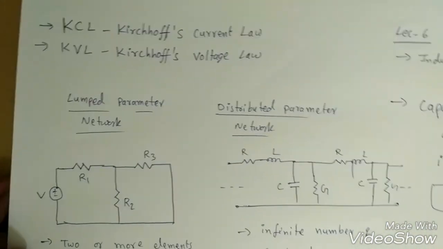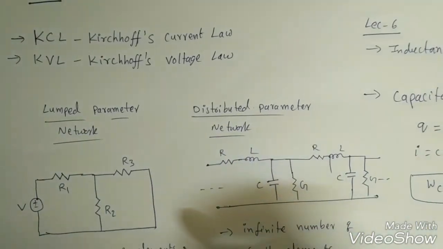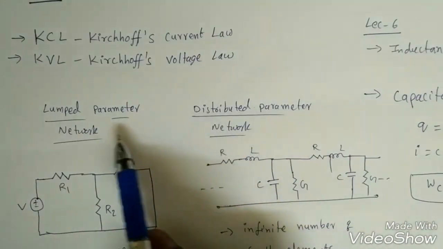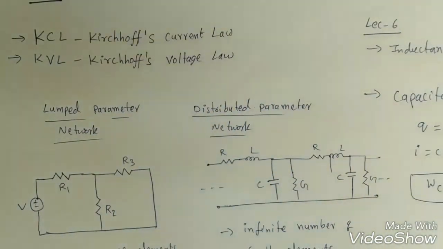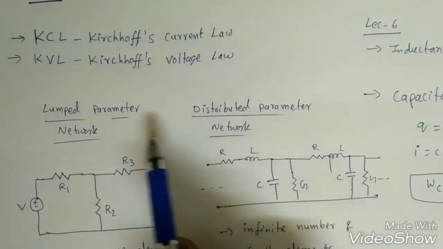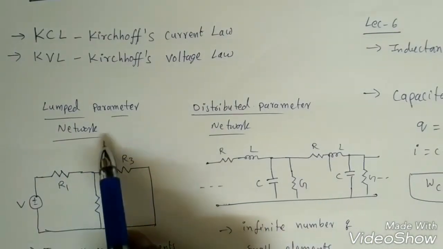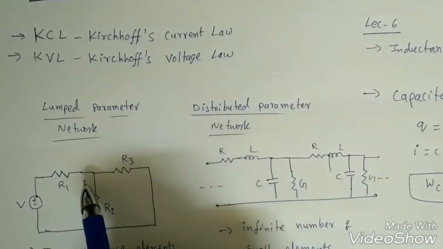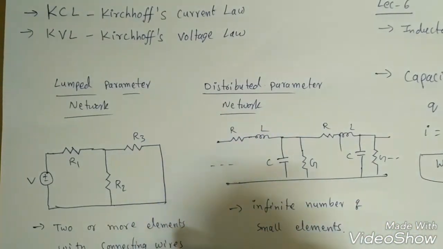Now in this lecture, we are going to define KCL and KVL. Before that, some background is required: what is a lumped parameter network and a distributed parameter network. We already discussed lumped and distributed elements. A lumped network is a small portion of any large transmission line network, with two or more elements, like a resistor or inductor, with connecting wires.